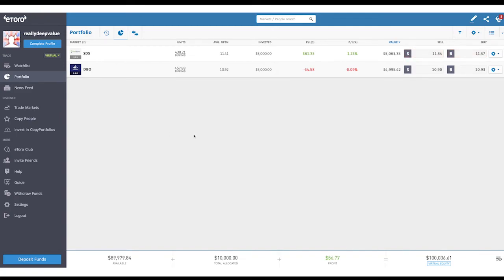And if you wanted to increase your winning position here, you think the market's going to fall further, you could add to your position on the short on the S&P 500 by opening a new trade and adding to that one.